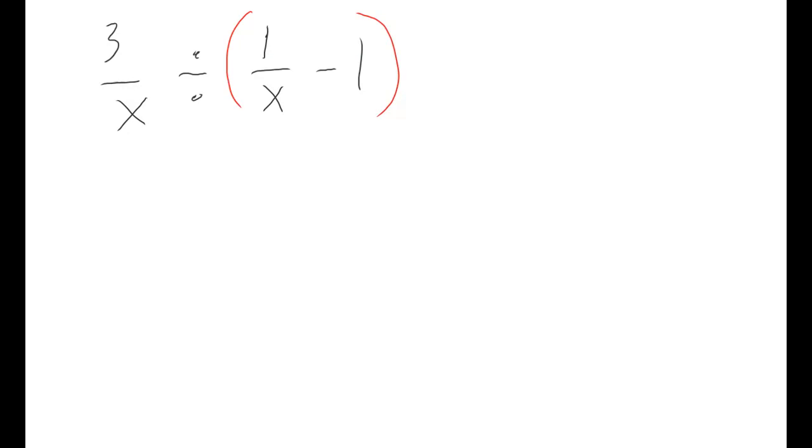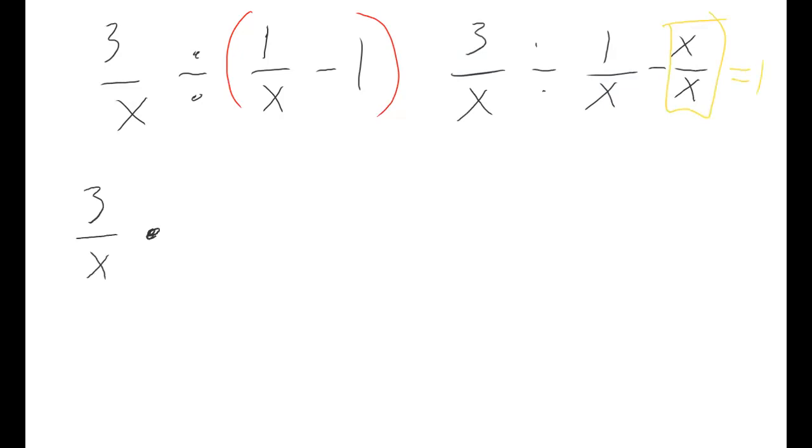So this becomes 3 over x divided by 1 over x minus x over x, because x over x still equals 1, right? And you notice by doing that, I get a common denominator. So now when I go to flip this, I get 3 over x times my common denominator of x, which now goes to the top, and my bottom becomes 1 minus x.